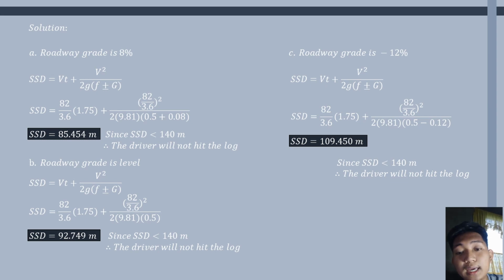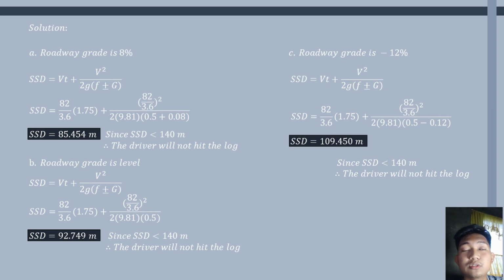Again, the SSD is less than 140 meters, the distance at which the driver saw the log. We conclude that the driver will not hit the log because the distance is greater than the SSD.